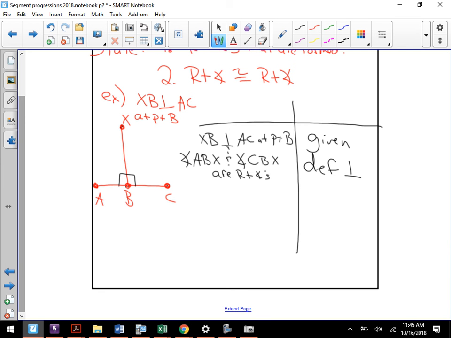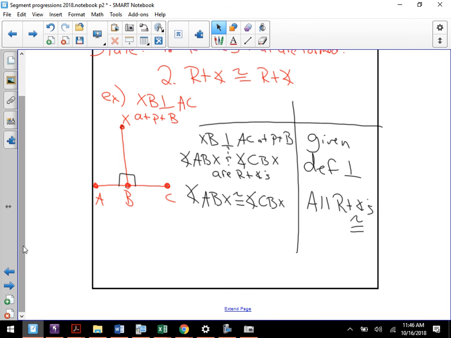Okay. So now you have right angles. So think about the progression we just did. If you have right angles, then what do you know about the two right angles? They're congruent because what's the reason? What's the reason on your sheet? Very good. So now then you would say angle ABX is congruent to angle CBX because all right angles are congruent.